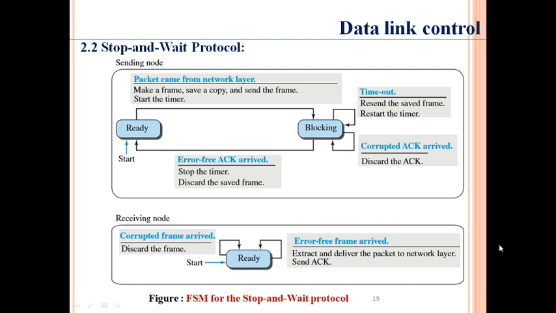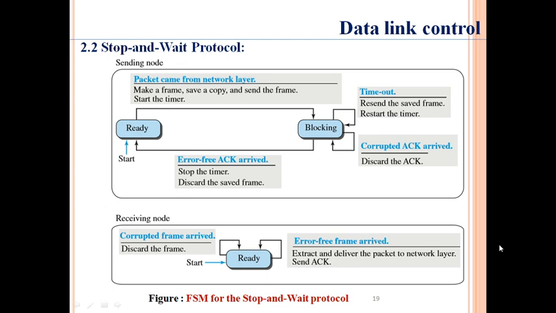This is a finite state machine diagram for the stop and wait protocol. First, in the above diagram, you can see that at the sending node, the sender is initially in the ready state. A packet comes from the network layer. It will convert it into a frame, make one copy, and send the frame, and at the same time it will start a timer. Then the sender will go to a blocked state, so it will wait for an acknowledgement.